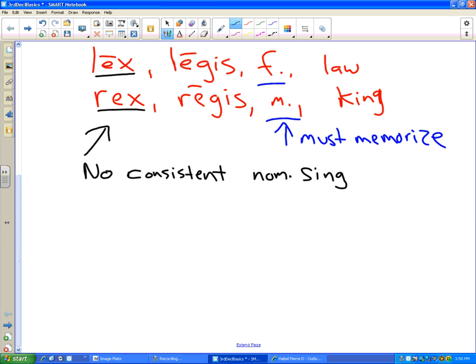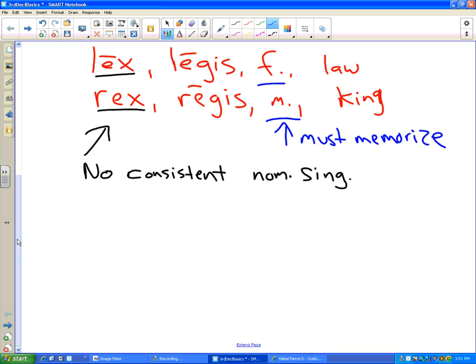Unlike first declension, which typically ends in A in the nominative singular, or second declension, which ends in US or R if it's masculine, there's no consistent nominative singular spelling or form. And that means that you're going to have to be diligent about learning the vocab entries.